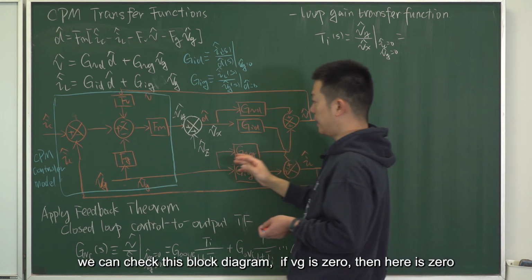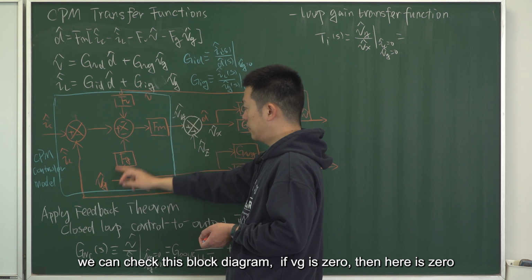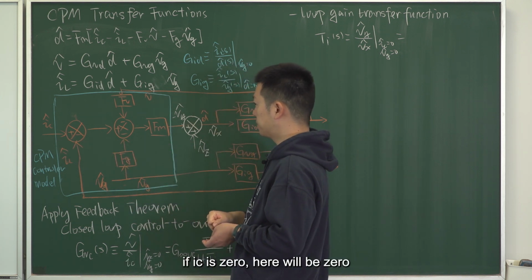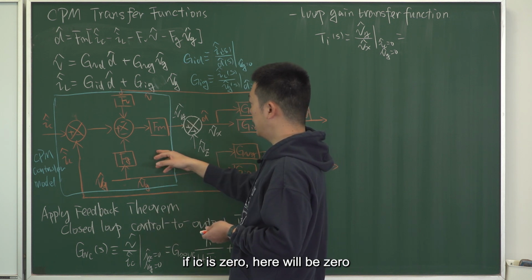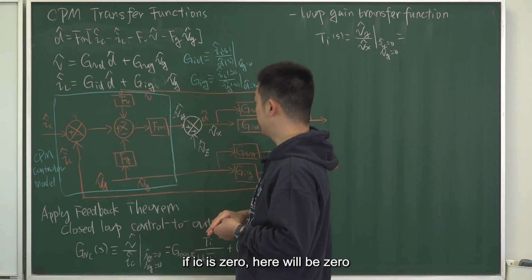So we can check this block diagram. If Vg is 0, then here is 0. If Ic is 0, here will be 0, here will be 0.